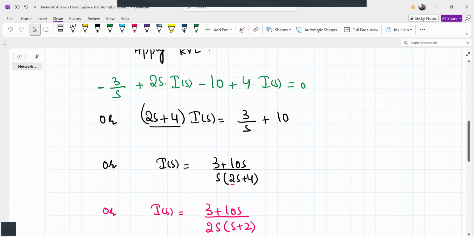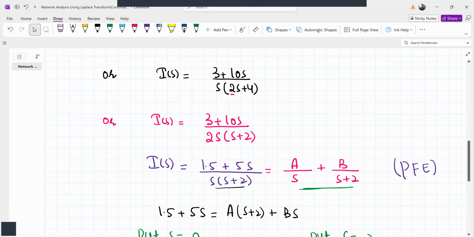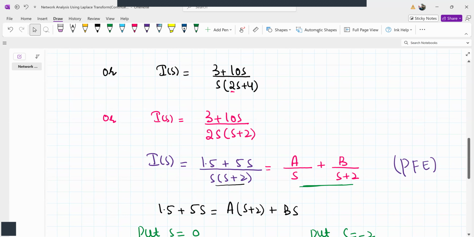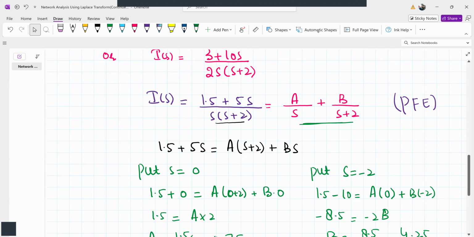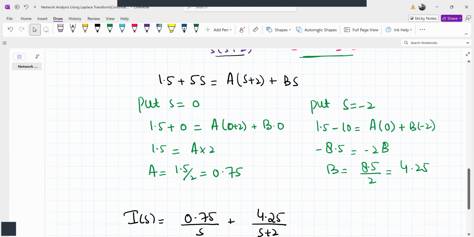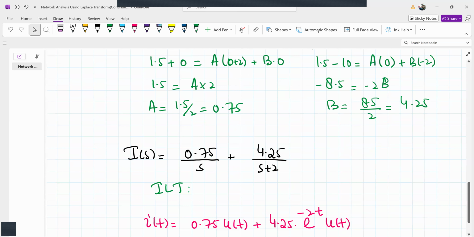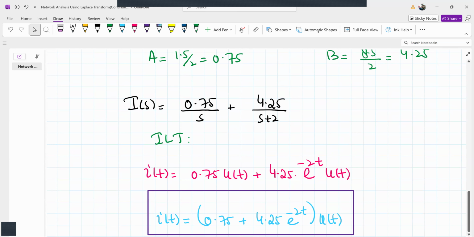After finding I of S, we wrote the partial fraction expansion, then found these coefficients A and B. Once we have found these coefficients or residues, we get finally the current in the inductor.